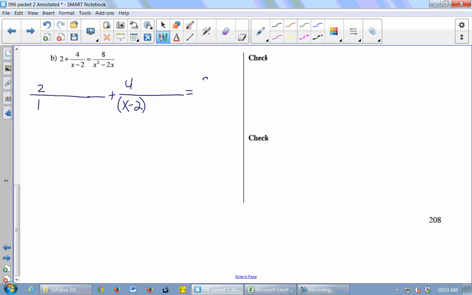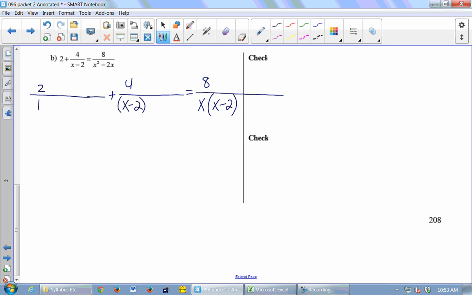And that should equal 8 over, let's steal a little space from there, x squared minus 2x. Does that factor? Yeah, it's got a GCF of x. So I'm left with x minus 2. So again, I'm going to build my LCD. Any fraction that is missing something another fraction has, we need to add it in.